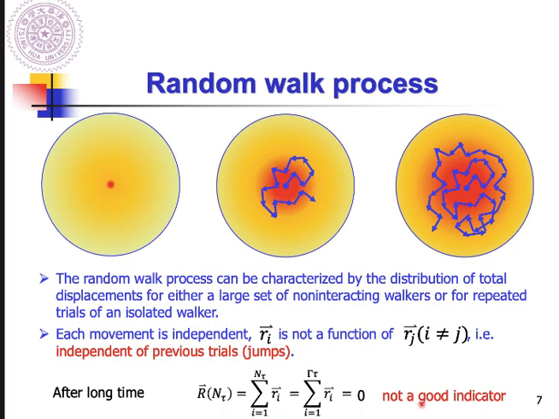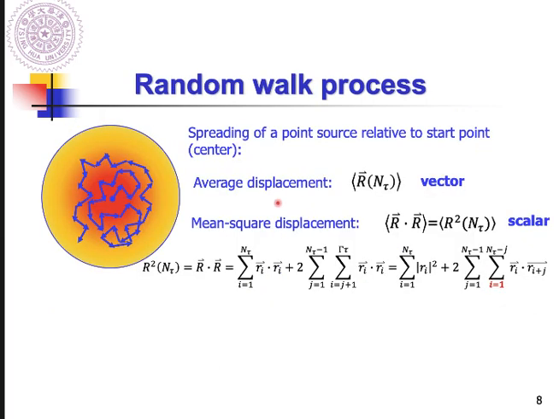So our textbook introduces other parameters, hoping they can be a good indicator to describe the diffusion phenomenon and also correlate with the atomic jumping process. So let's see what this is.